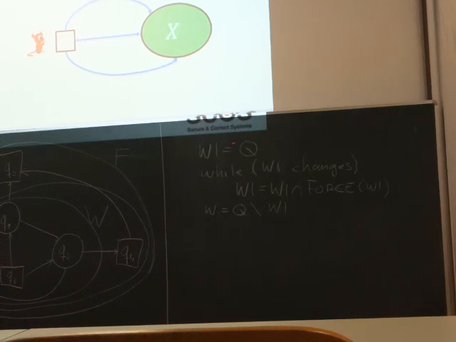And you start by saying your inverse of the winning region is a set of all states. Then we say that the inverse of the winning region we intersect with the set of all states from which the system player can enforce to go into W. So from all states we just take those states from which the system player, so in this case if W is the set of all states initially, then force of all states is actually also all states.